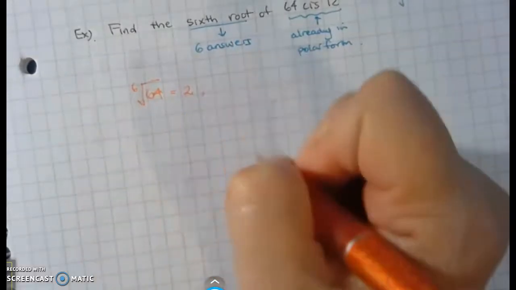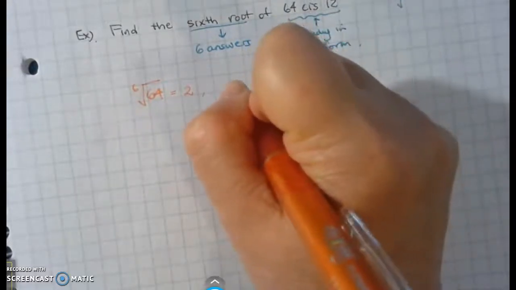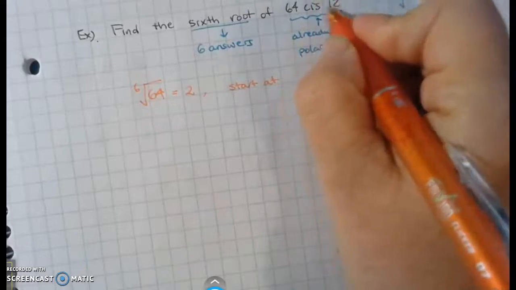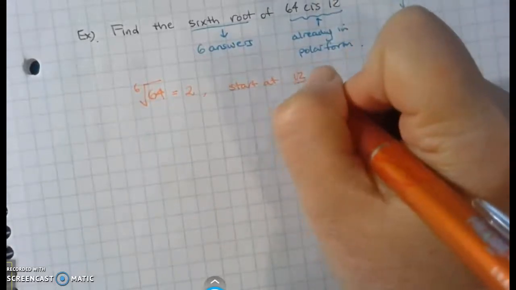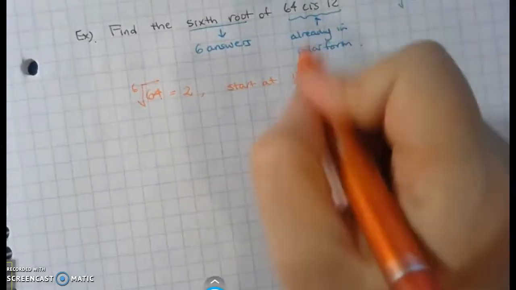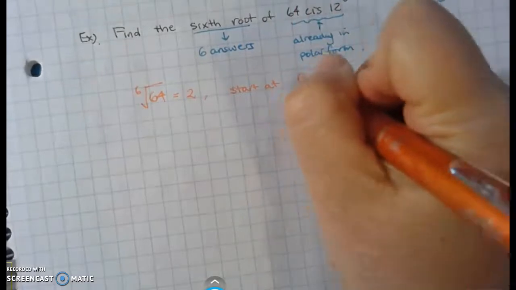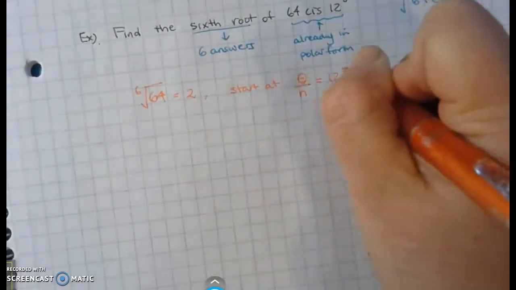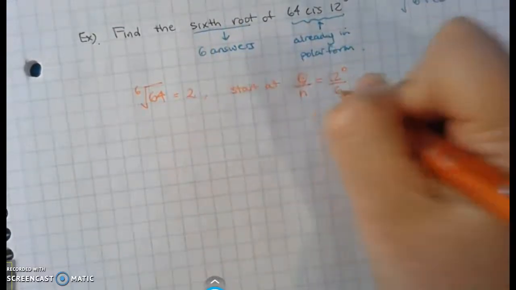Then to find the angle, I'm going to start at the angle right here, 12 degrees, divided by n. Theta in this case is 12 degrees, and n is 6 because we're taking the 6th root.